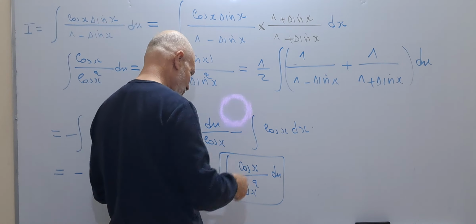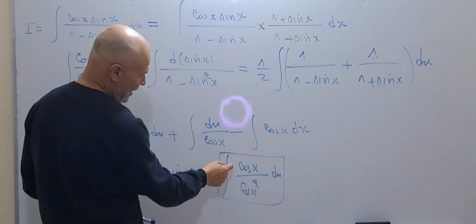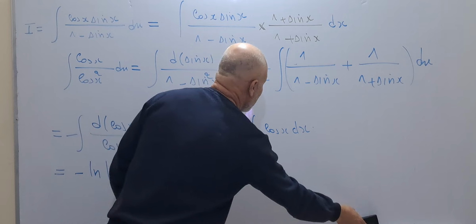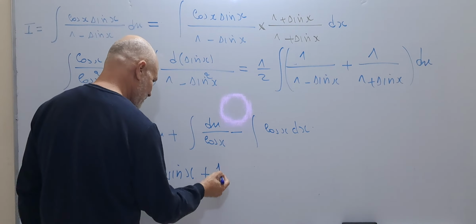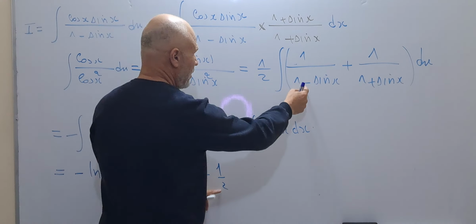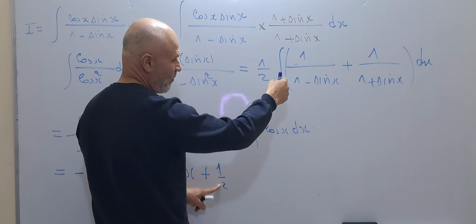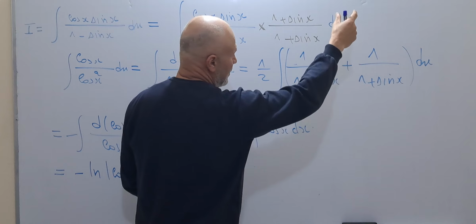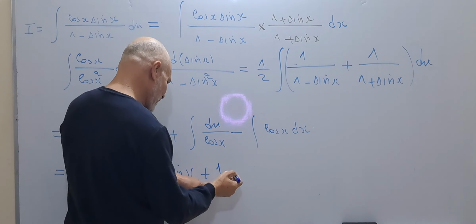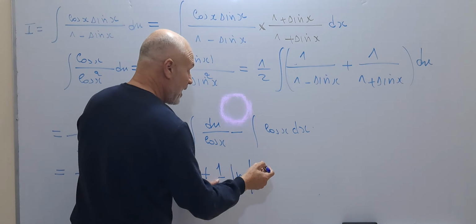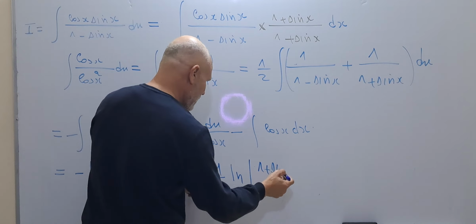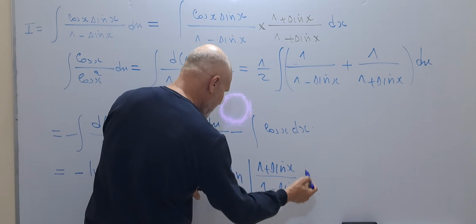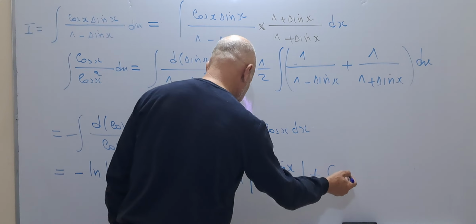But this last one allows us to replace this integral by 1/2. This gives us the minus ln absolute value, and this gives us ln absolute value. So this is ln of 1 plus sine x over 1 minus sine x plus a constant.